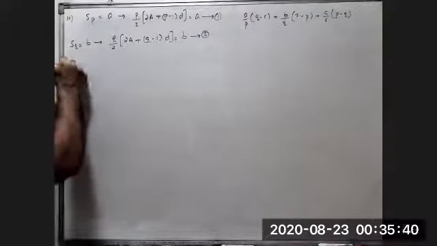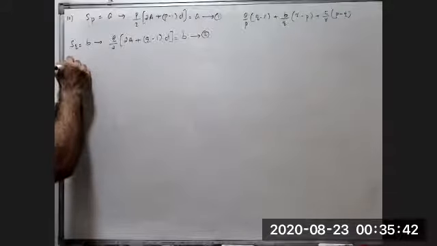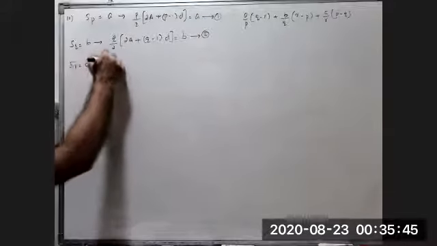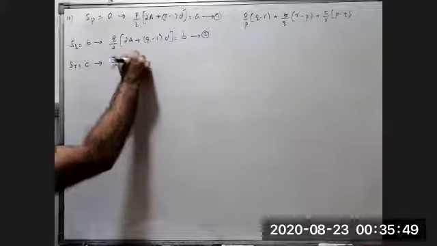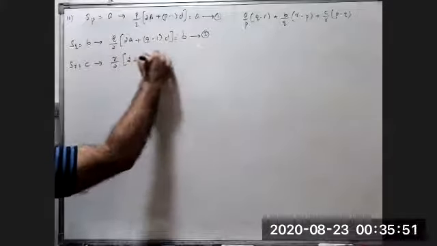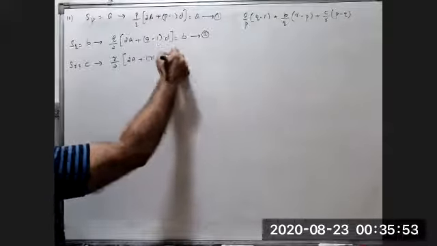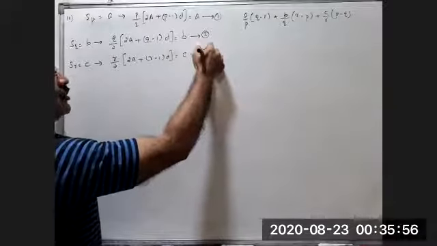Again, SR is equal to C. From that we can write R by 2, 2A plus R minus 1 into D as C. We got three equations.